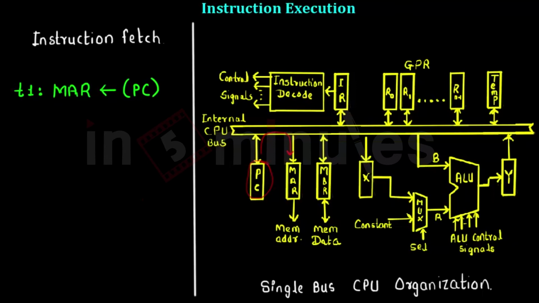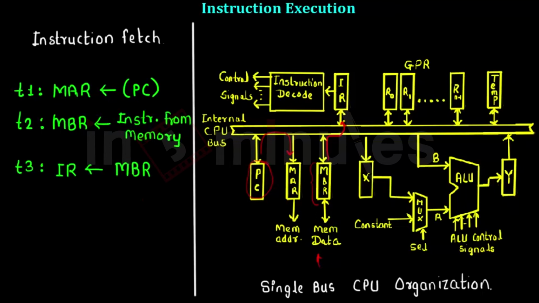When the instruction is fetched, it is loaded into the memory buffer register, which holds the temporary data for the single bus CPU. In the final, or third, T state of instruction fetch, the contents of the MBR, that is the complete instruction, are loaded into the IR, or instruction register.